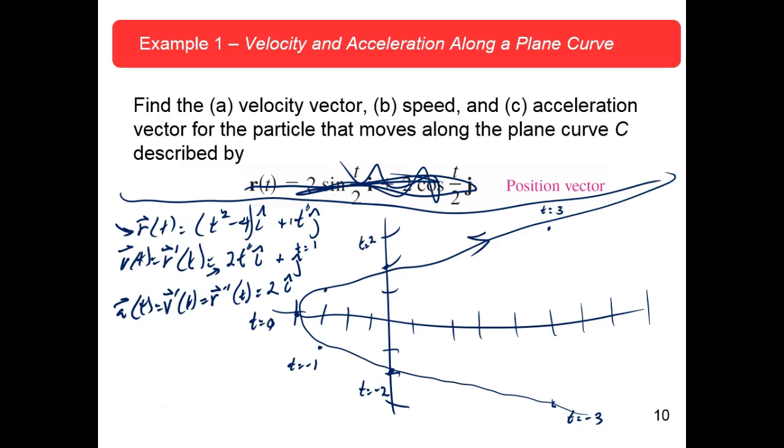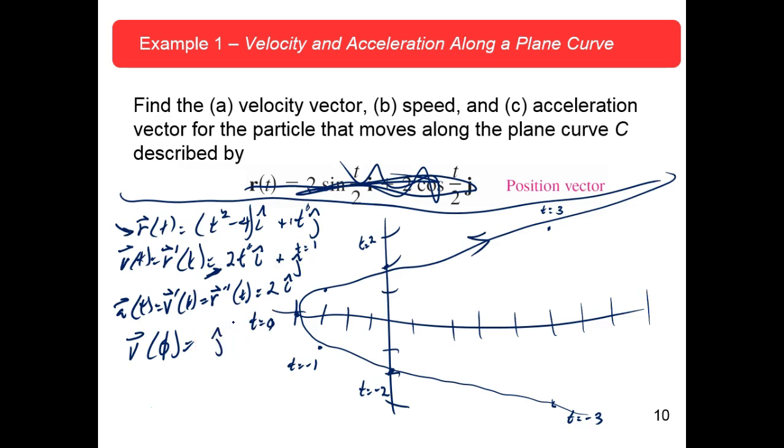Okay? Now, they want the velocity vector at time t equals 0. So we go to the velocity vector, that's this one up here, and plug in a 0. What's your velocity at time t equals 0? 0i plus 1j.